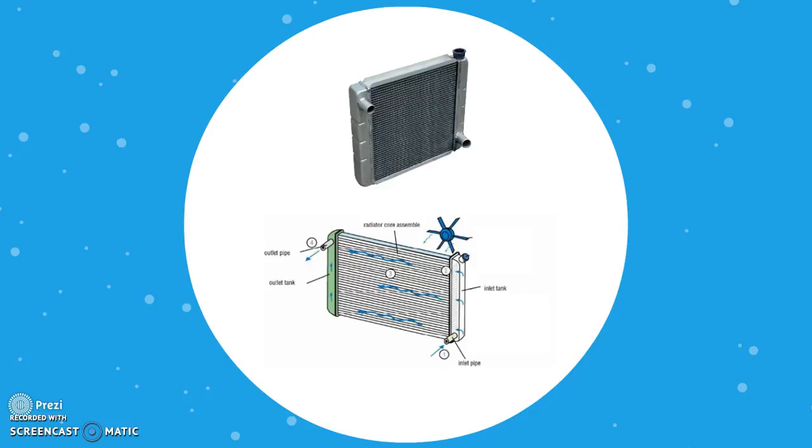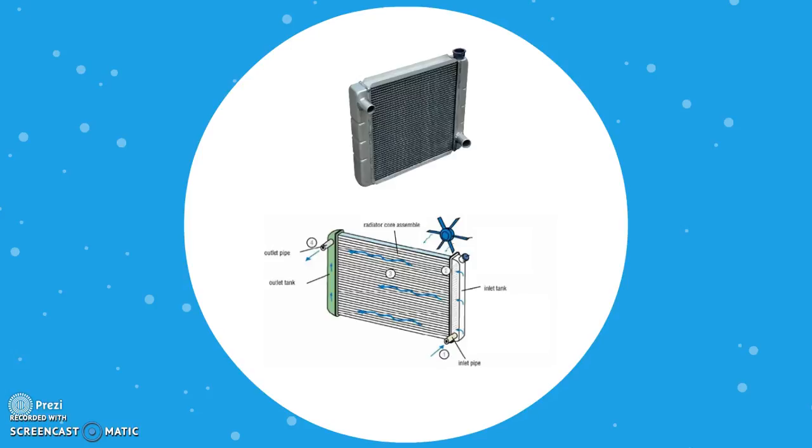If the temperature of the engine walls continuously rises, the engine might not work effectively, and in that case we need to extract heat from the engine walls. The radiator is one unit which helps in extracting the heat.